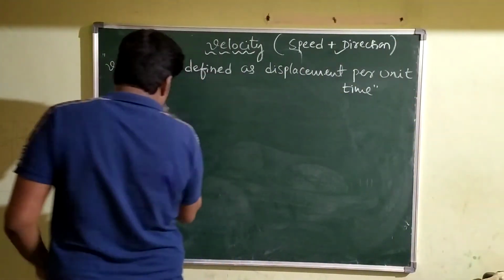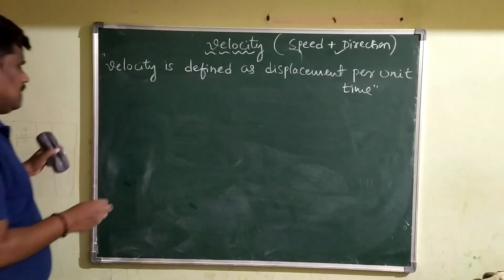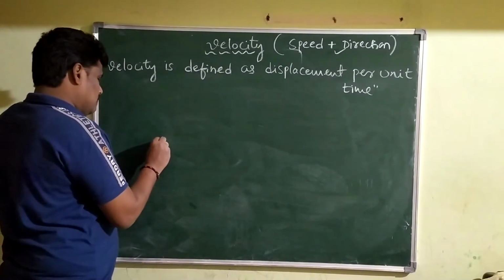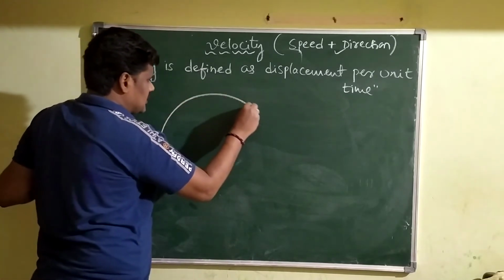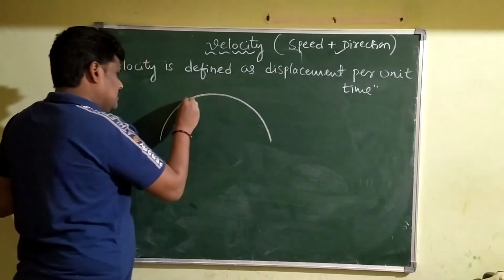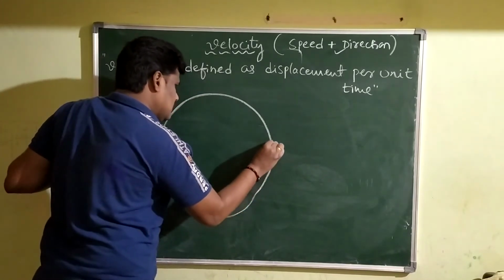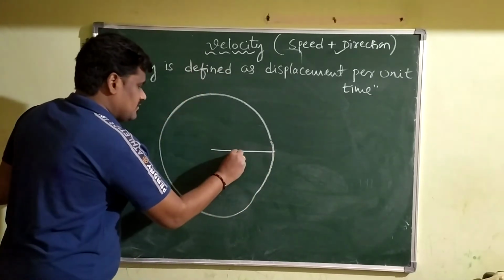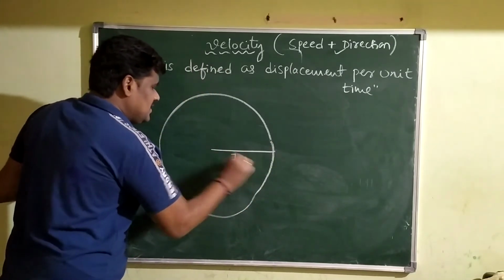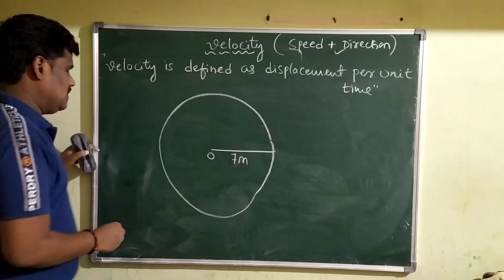One example is given in your textbook. Let me solve that example. A body is moving along the circumference of a circle. The radius of this circle is given as 7 meter.